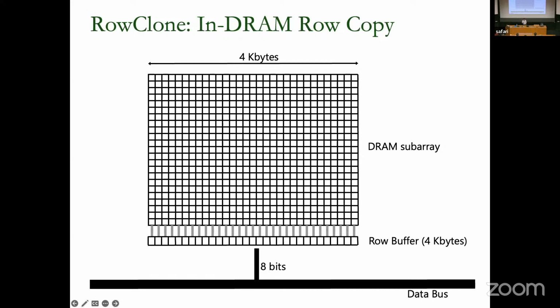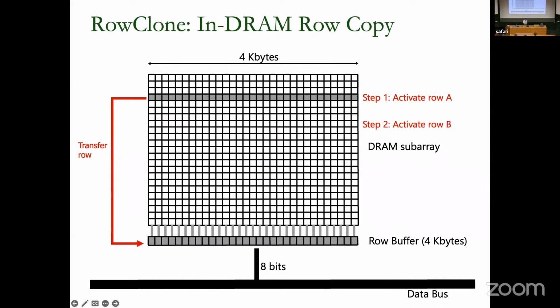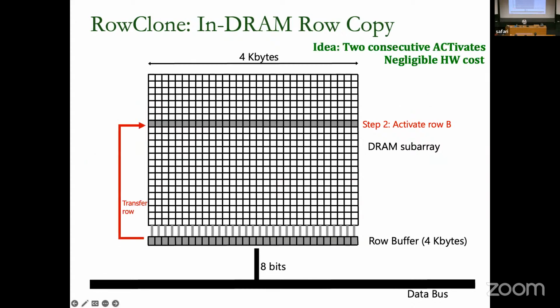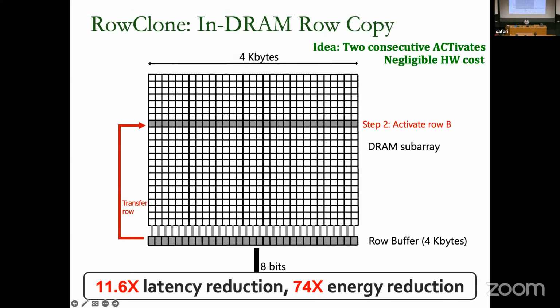As a reminder, Onur already talked about this: prior work from our group called RowClone has shown that by issuing consecutive back-to-back activations to two DRAM rows in a DRAM subarray, we can copy a source row to a destination row without the intervention of the processor itself. This enables significant savings in latency and also energy reduction.